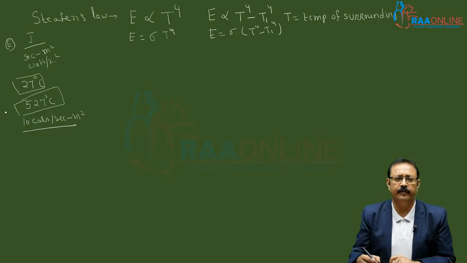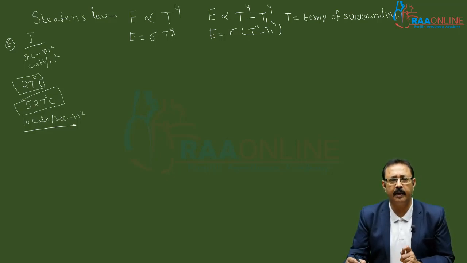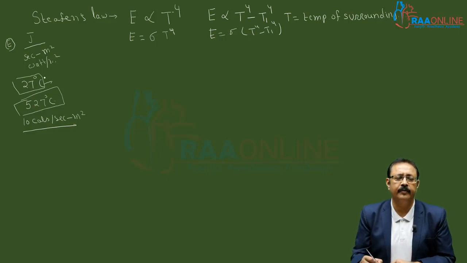How to solve? Remember, we are using capital T for temperature. It means temperature should be in Kelvin. So convert this to Kelvin by adding 273. You will get 300 Kelvin for this.